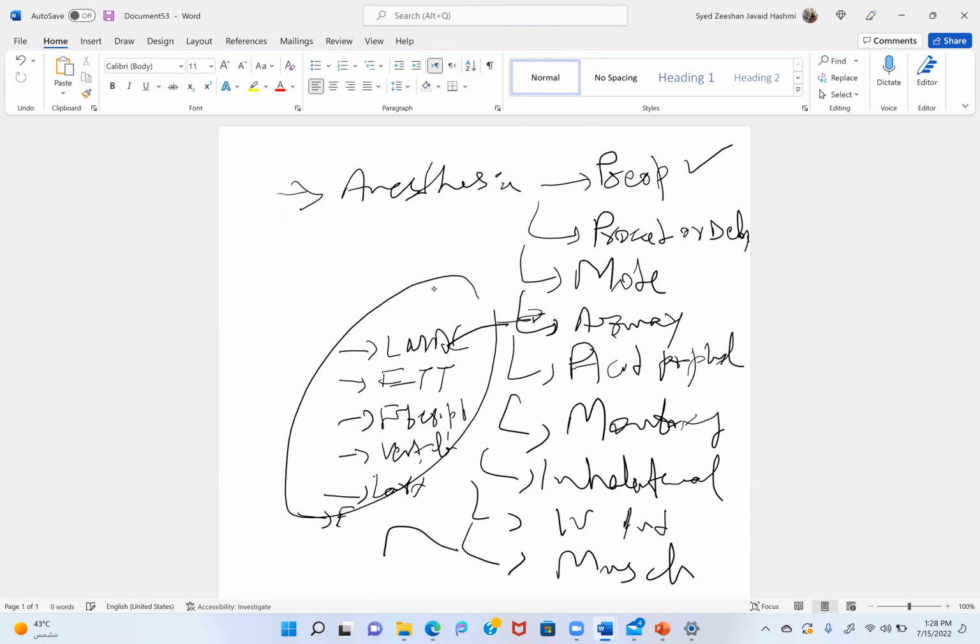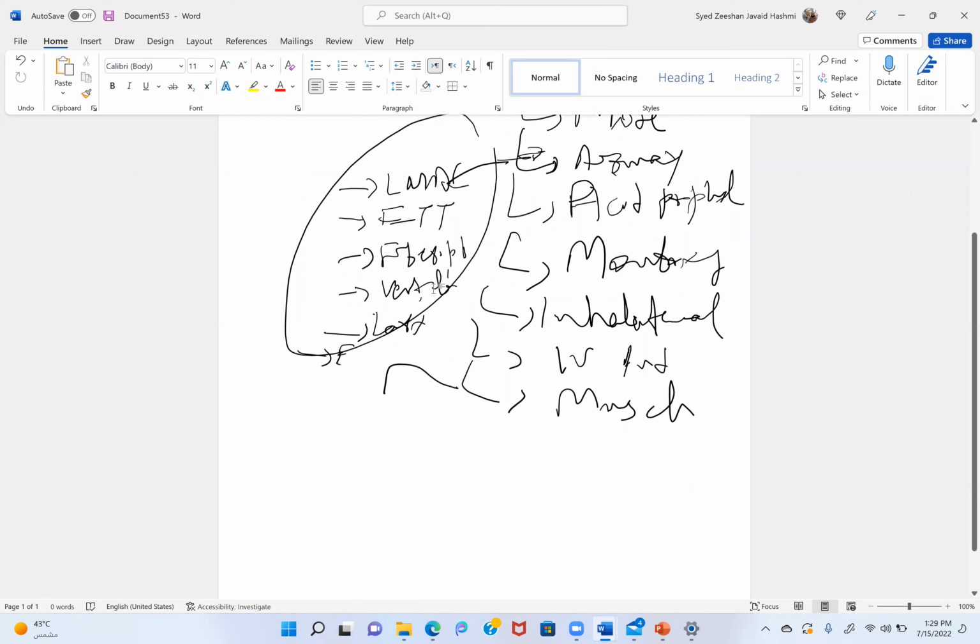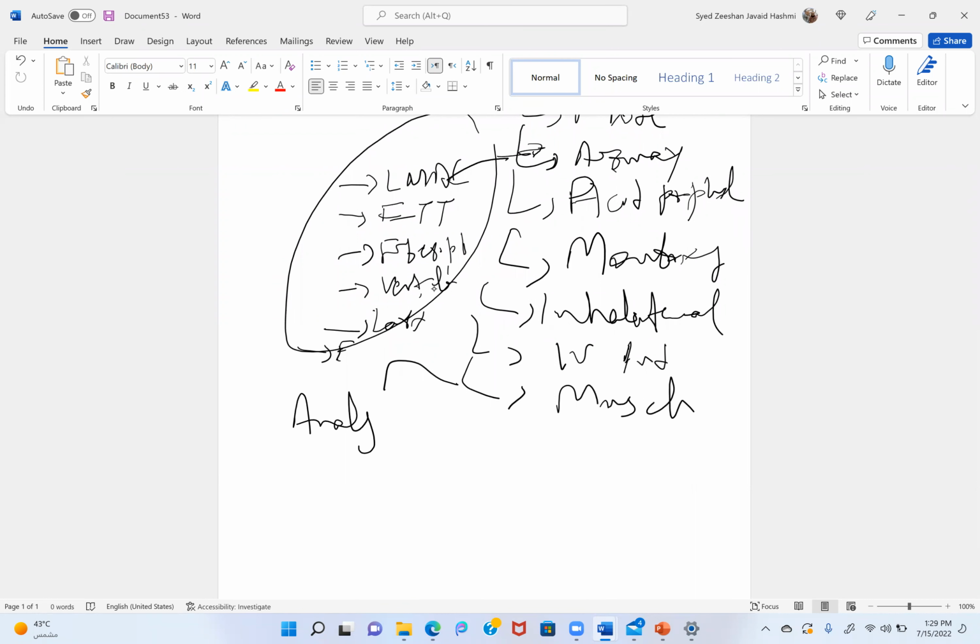Similarly the muscle relaxant, and then a very important part is analgesia, how you will give analgesia in that disease, what fluids, how to recover. Also, related to surgery, any specific perioperative complication.